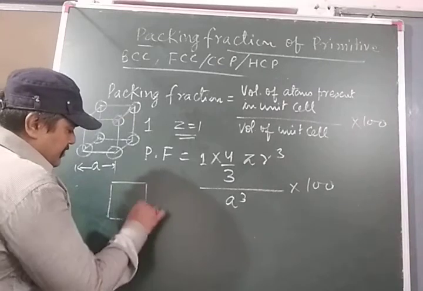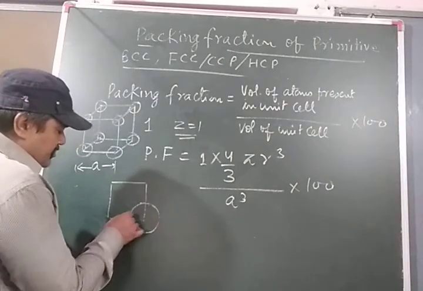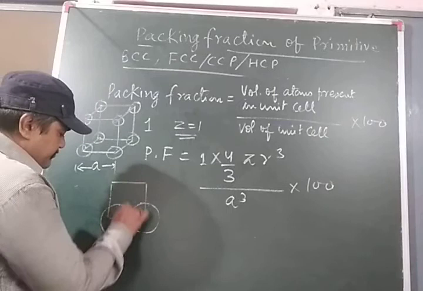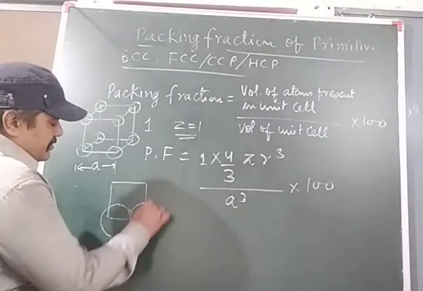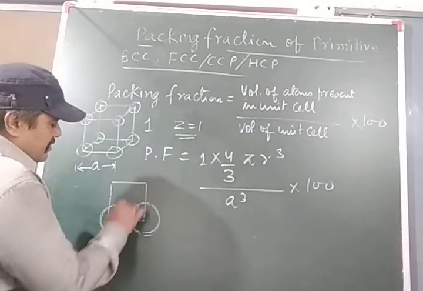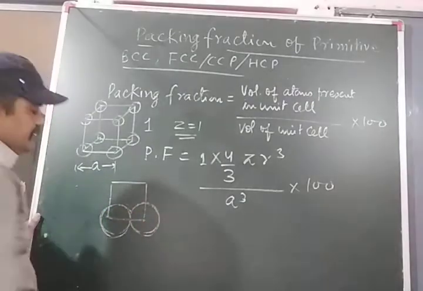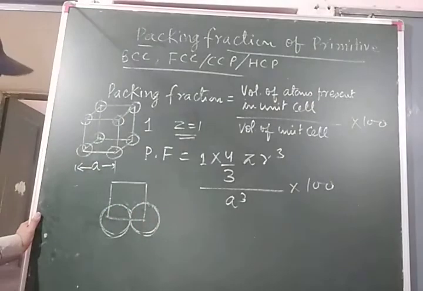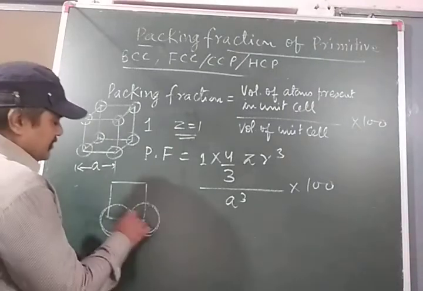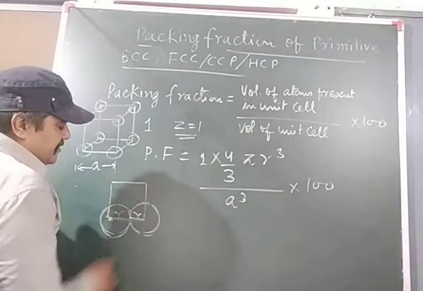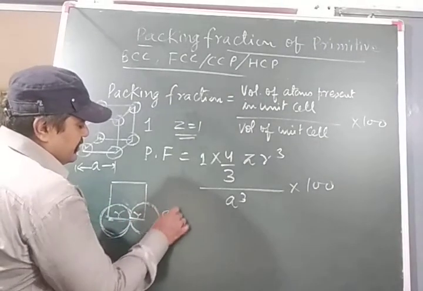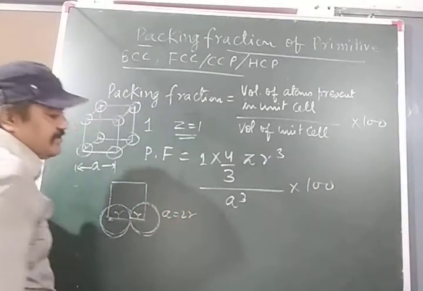In primitive unit cell, the actual position of the atoms is like this. Atoms at this edge length are touching each other. So this one is R, this one is R, and this total is A. So we can say A equals 2R.